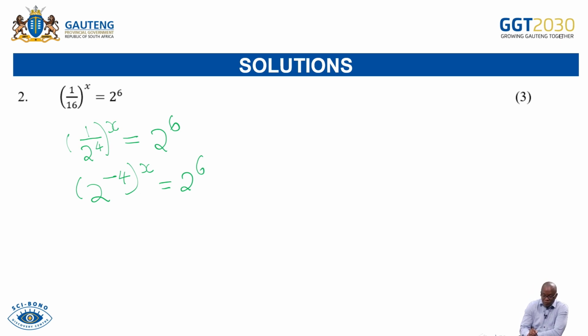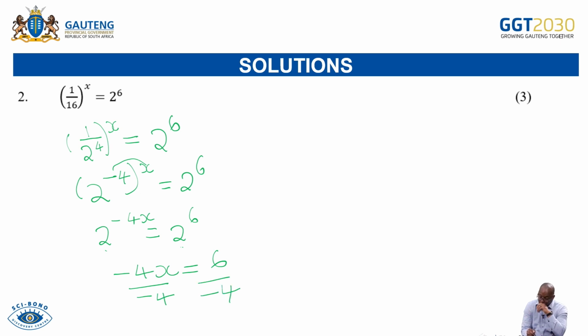But we need to remove those brackets. We need to do multiplication, which is negative 4 times x, is equal to 6. Then when the bases are the same, we equate the exponents. We want x, so we'll divide both sides by what? By negative 4.